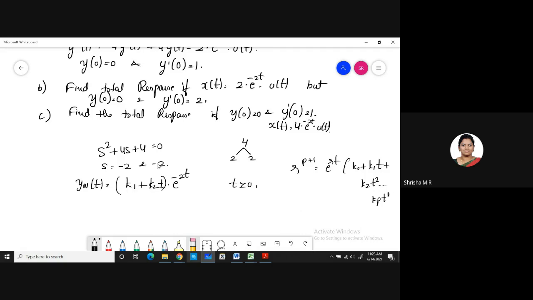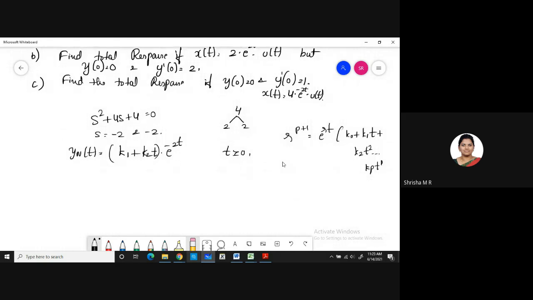Now try finding what is k1 and k2. How do you find k1 and k2? We'll make use of these initial conditions and we'll find k1 and k2. If you substitute t is equal to 0 in this natural response equation, you get k1 is equal to 0, right?